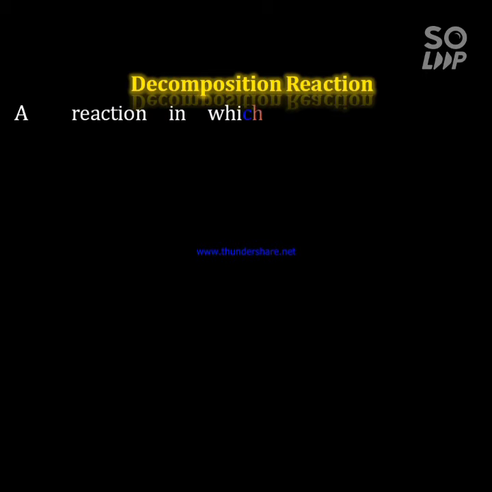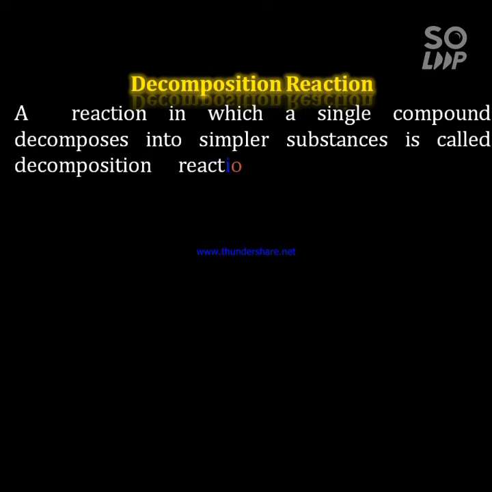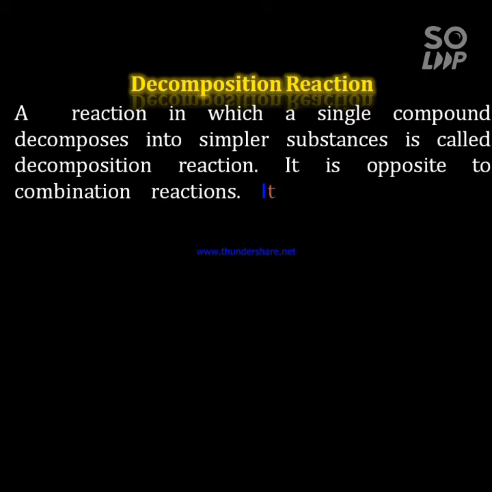Its definition says, a reaction in which a single compound decomposes into simple substances is called decomposition reaction. It is opposite of combination reaction, and its basic structure is represented as in front of you.